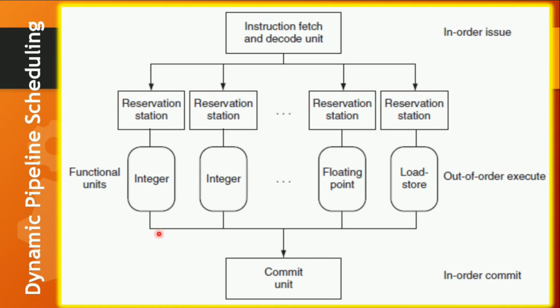Once the result is obtained, it will be loaded into a buffer available in the commit unit. The buffer waits for the processor's decision on whether the speculation went the correct way or not. Once the speculation is correct, the commit unit buffer loads the result into the register in the same order expected by the programmer.